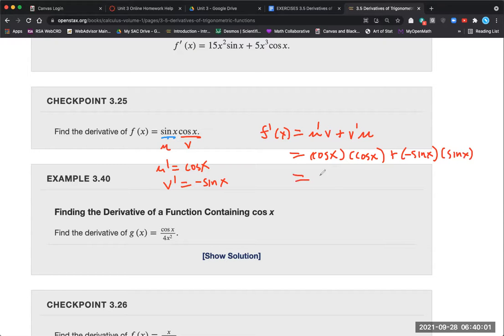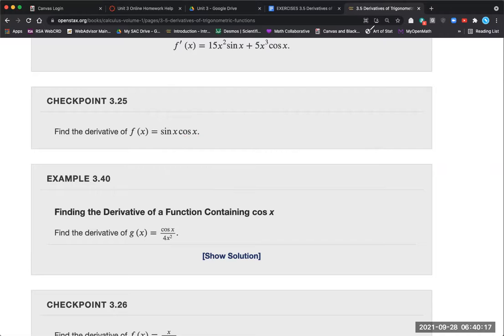So you'll see you get cosine squared x minus sine squared x. And then always be aware that sometimes this simplifies into some identity.